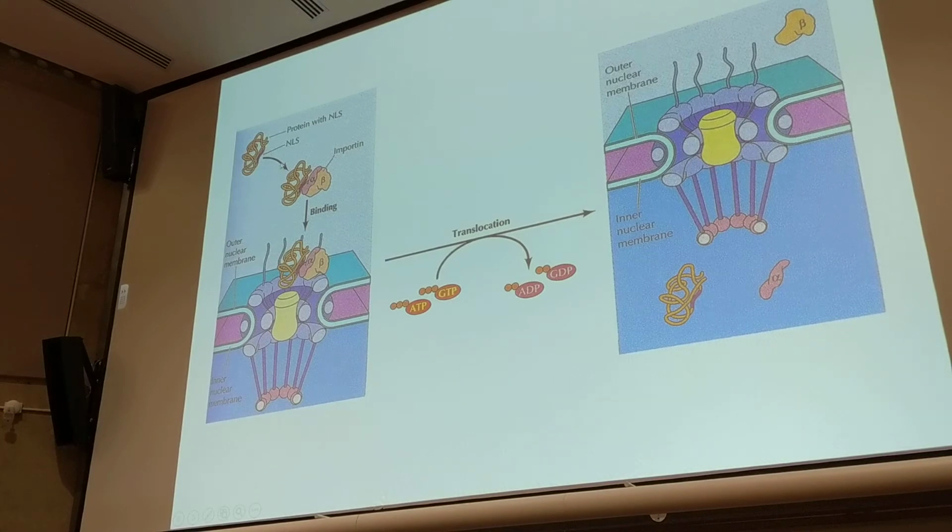And this process is termed a gated process through the nuclear pore. It's a very unique way of transportation or translocation of the protein. And once we have the protein inside, the importin alpha is released and recycled back outside so that the alpha and beta complex can recognize another protein with NLS.